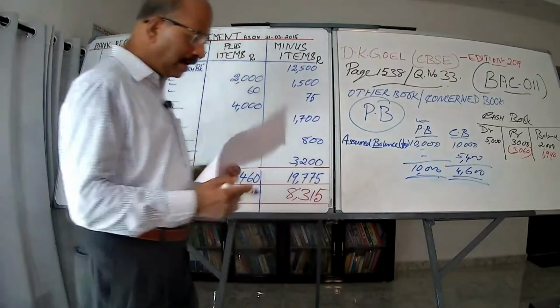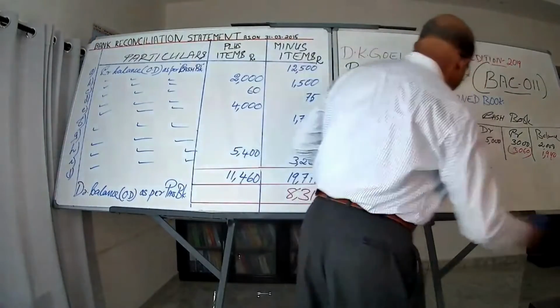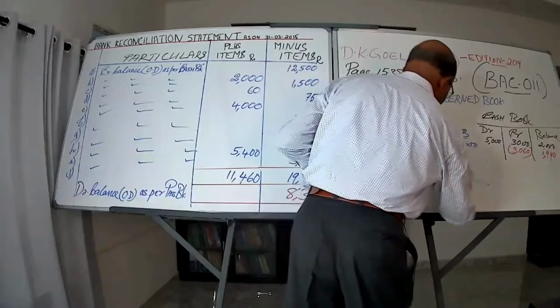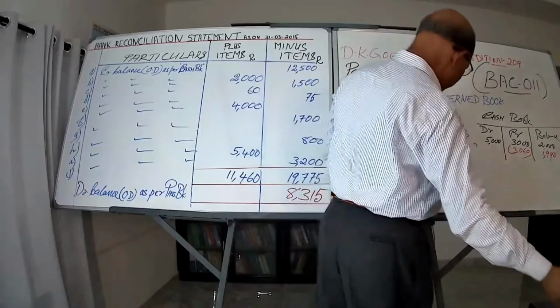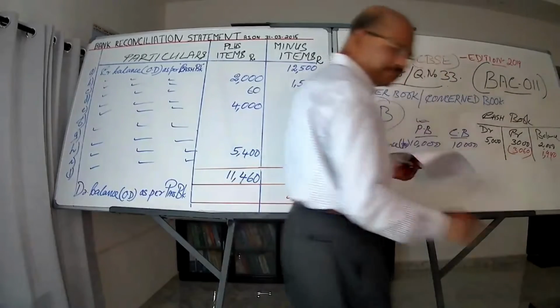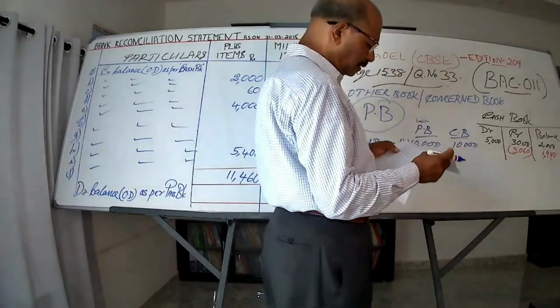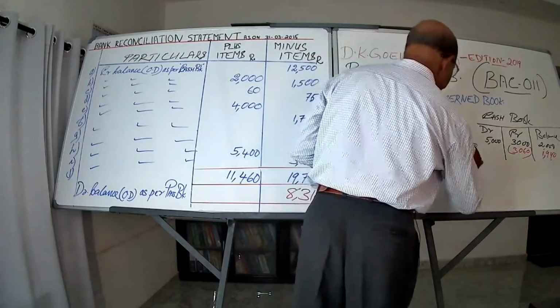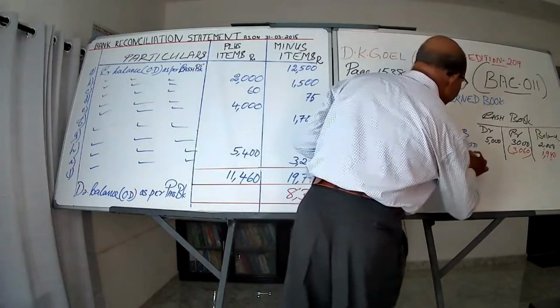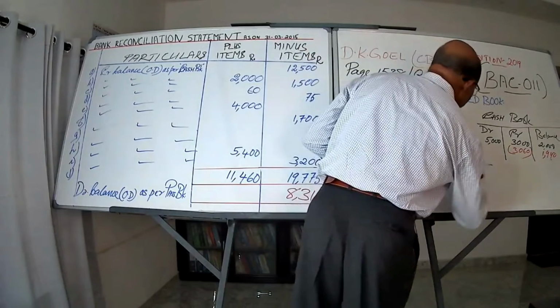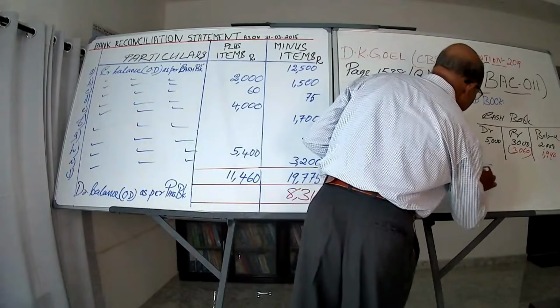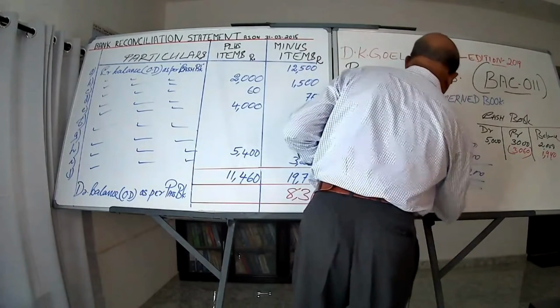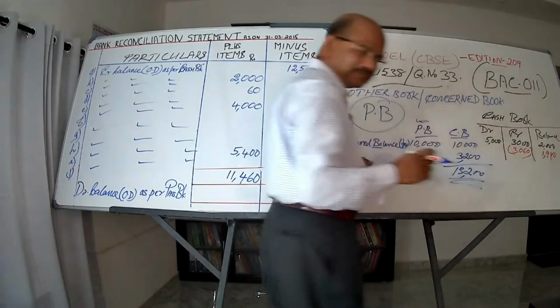Okay. And the last case, it is like this. Check deposited but not cleared. Exactly opposite of what happened just now. The moment I deposited the check in my cash book, I will add 3,200. So it is 13,200. Whereas banker has not affected because it has not been cleared.